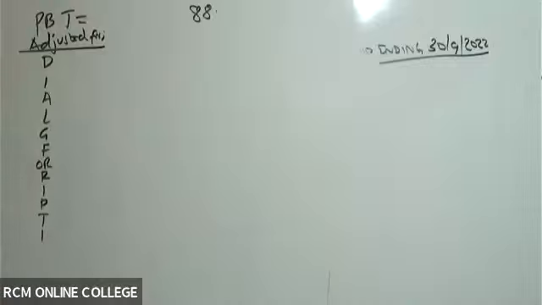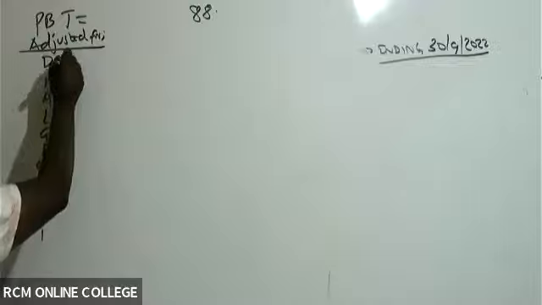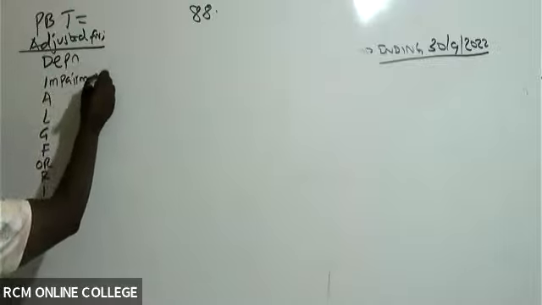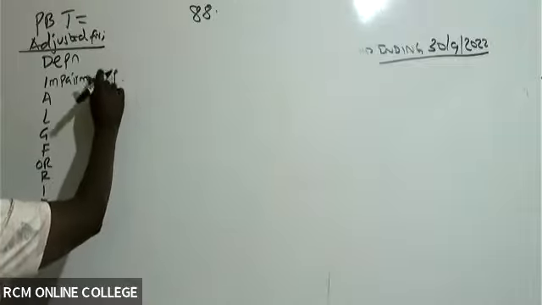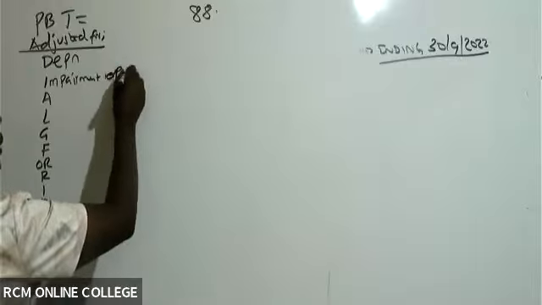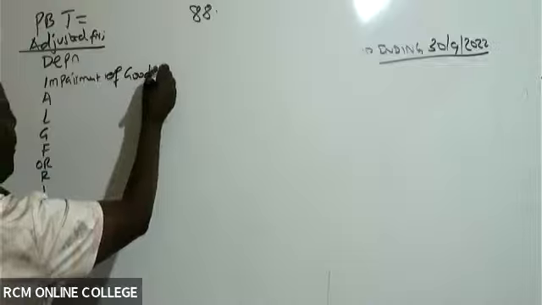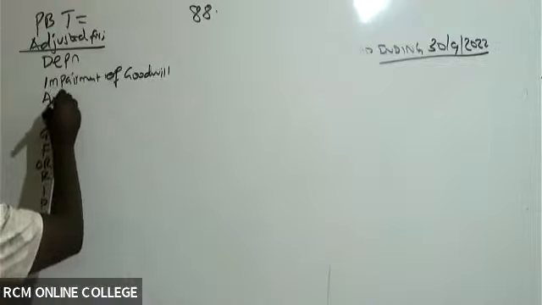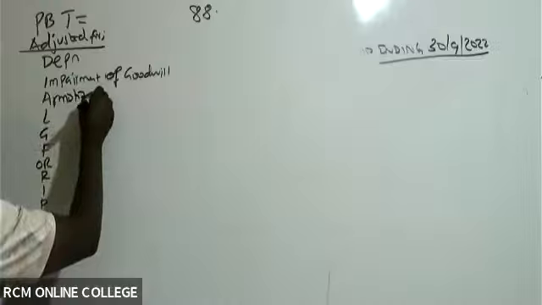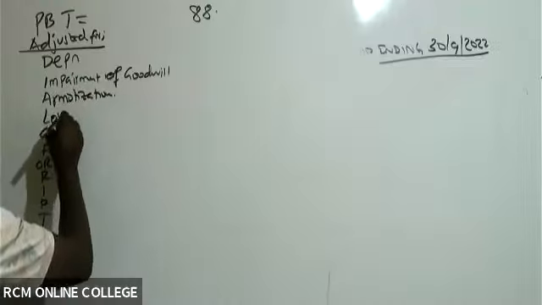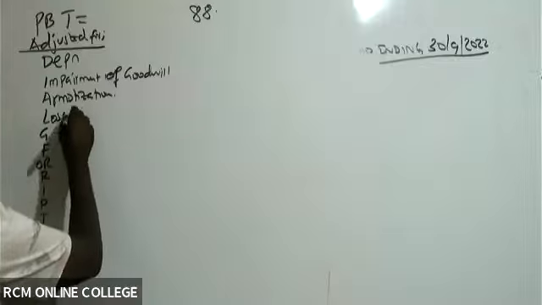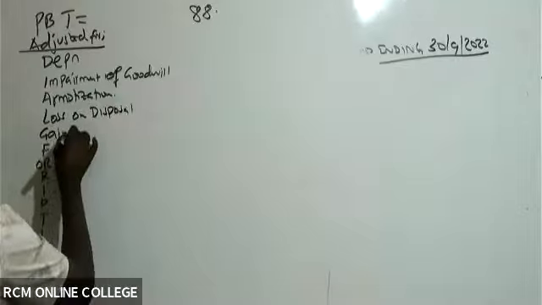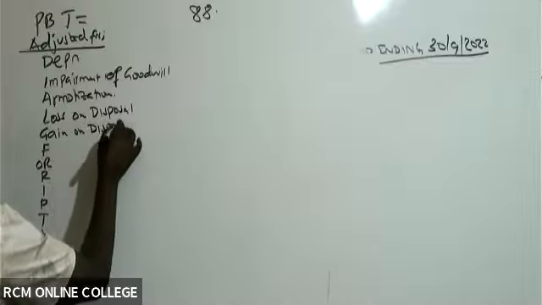So this one here is depreciation, impairment of goodwill, no problem. Then we have amortization. We have here loss on disposal. We have gain on disposal.